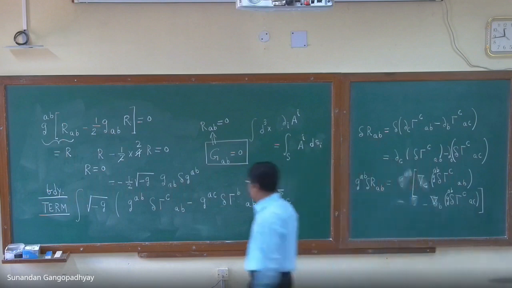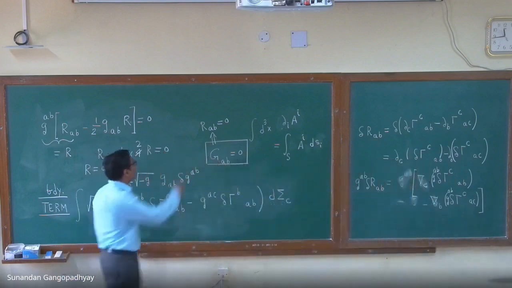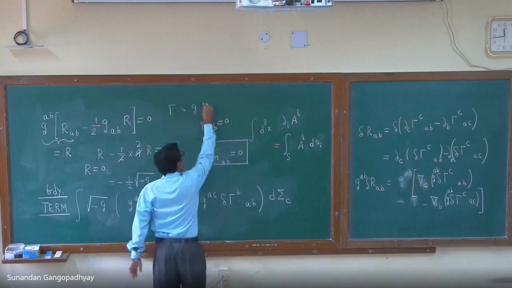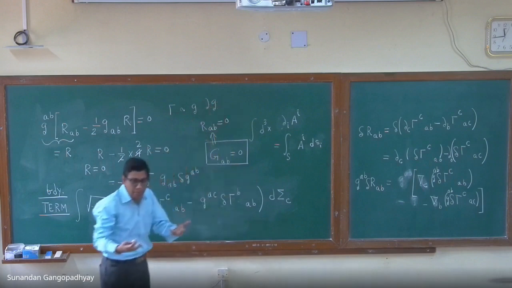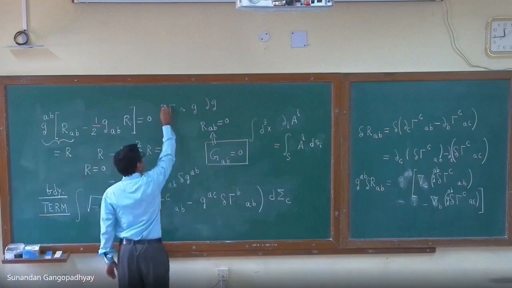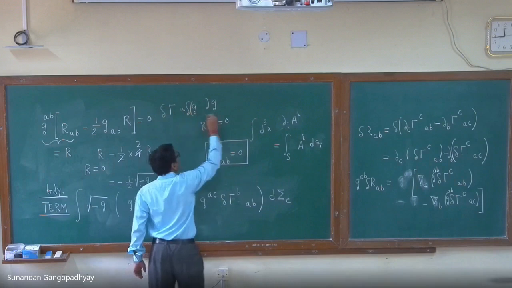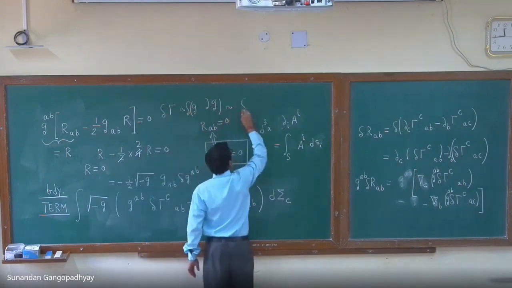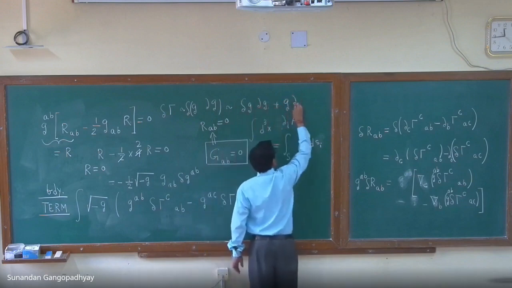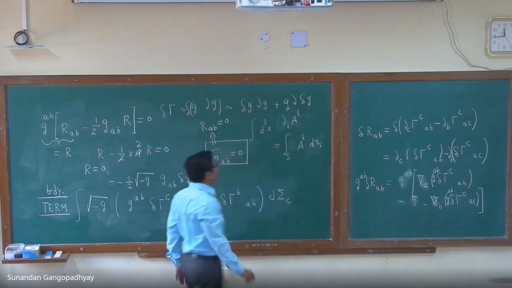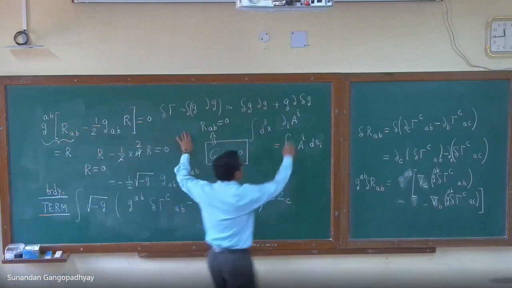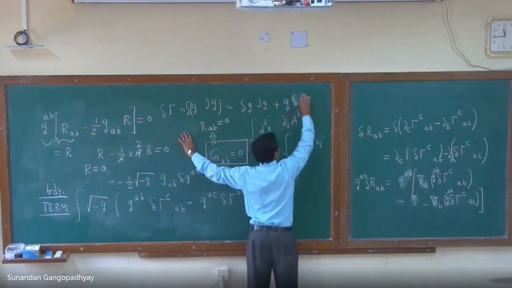Why? What is gamma? The structure of gamma is g inverse multiplied by derivative of g. This is the generic structure of gamma. Now if you take delta gamma, that will be delta of this thing, and this will give you two terms: delta g inverse times del g, plus g inverse times delta of del g.